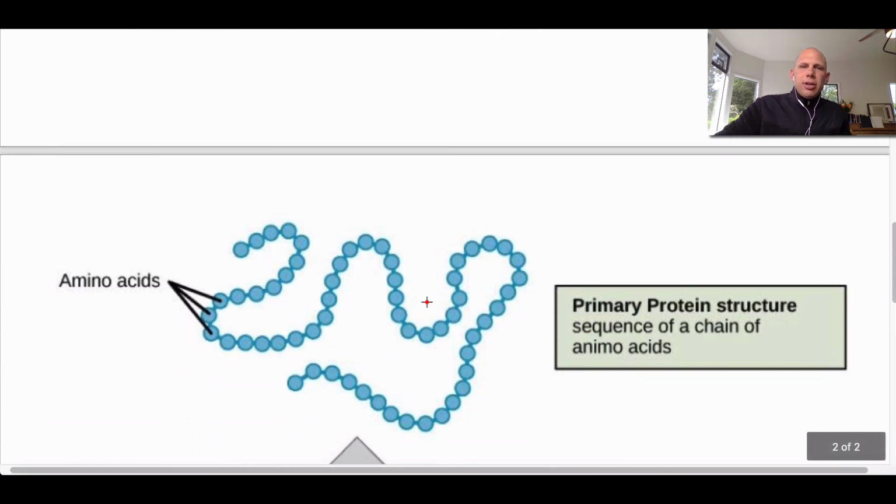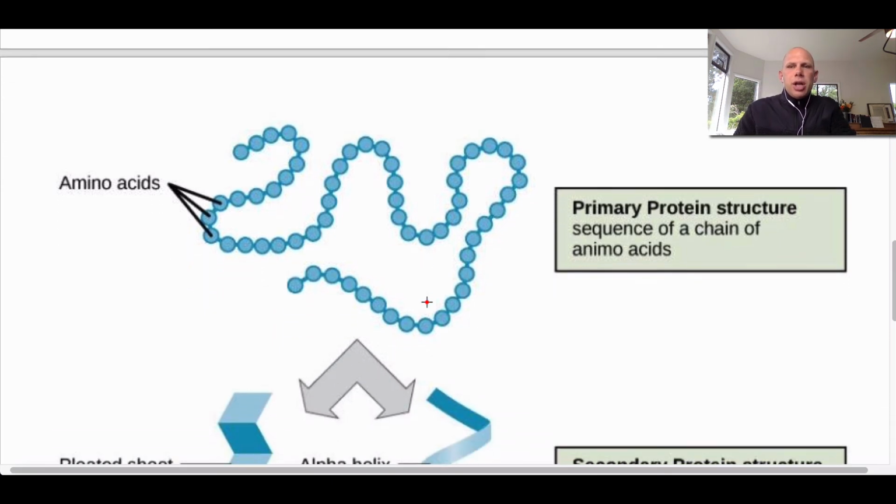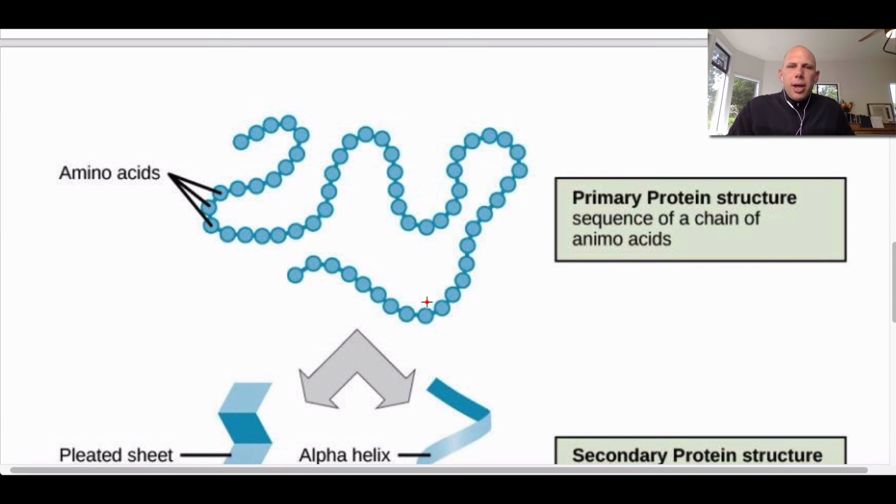Because this is probably a cruddy video by me, I went ahead here and put a screenshot from the internet that I think is a little bit better. This is indicating that, like I said, the sequence of the amino acids is the primary structure.